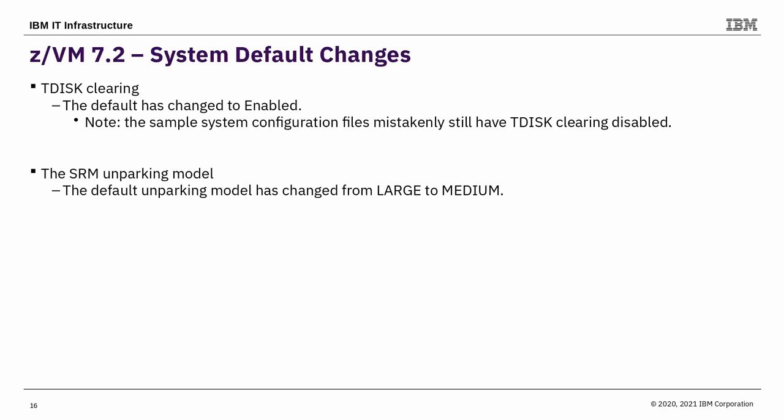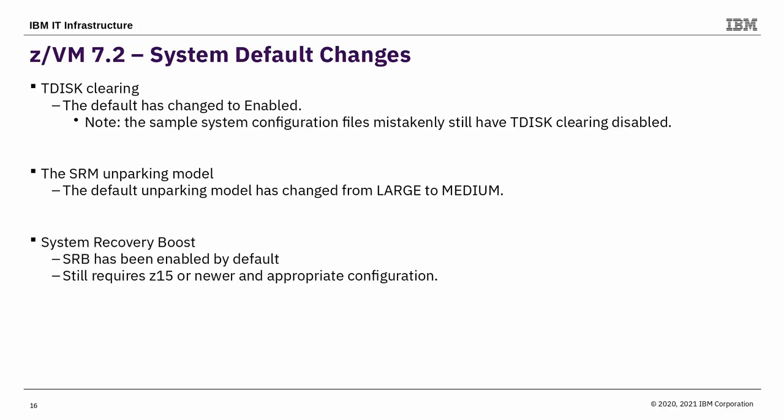And the data from customer usage means that this has changed the model from large to medium. If your environment does better with large or small, then by all means set it. But it's nice to have the defaults fit the most common situation.